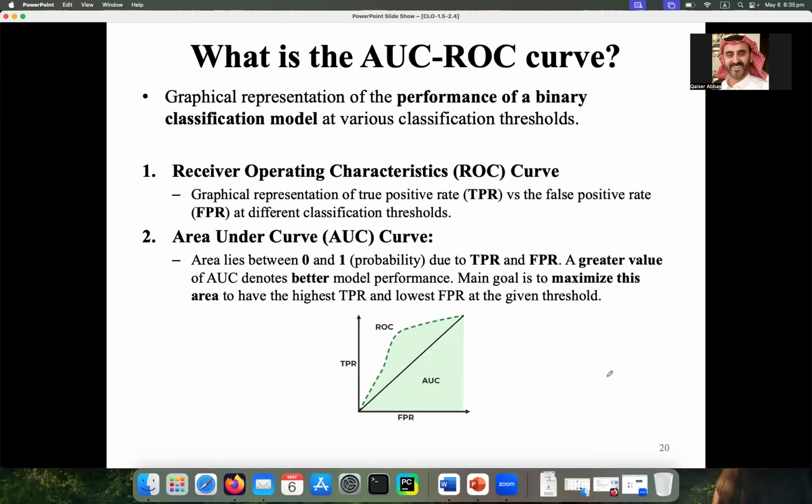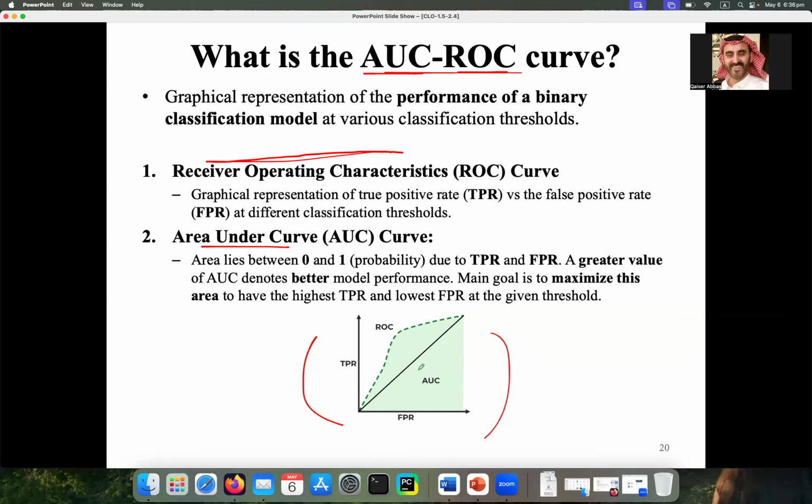Now, moving to this AUC-ROC curve. What is this AUC-ROC? AUC means area under the curve, and ROC means receiver operating characteristics curve. This is a graphical representation, as you are seeing here.